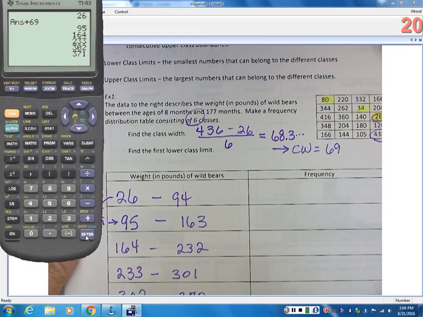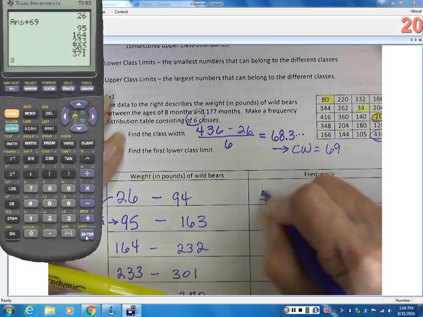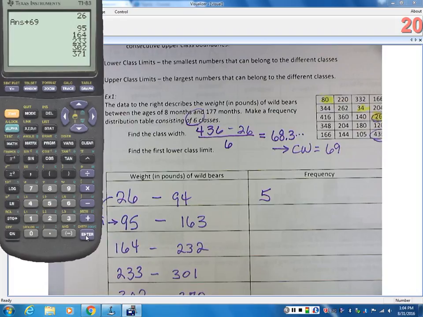Okay? Count the 5 bears that have that weight. But this gets tedious, especially if you had more than just that little bitty set of numbers.